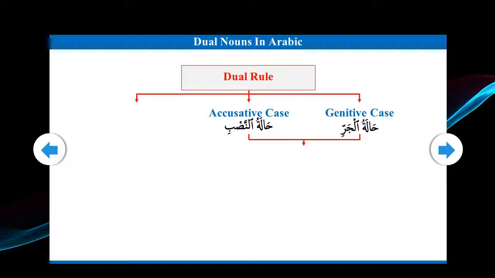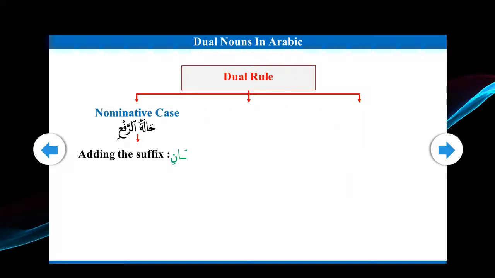In the accusative case, حالة النصب, and genitive case, حالة الجر, the dual is formed by adding to the singular noun the suffix: fatha on the last letter and ya with sukun, and after that noon with kasra. Let's see how we can do this.